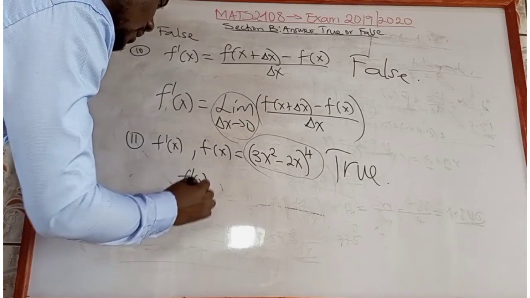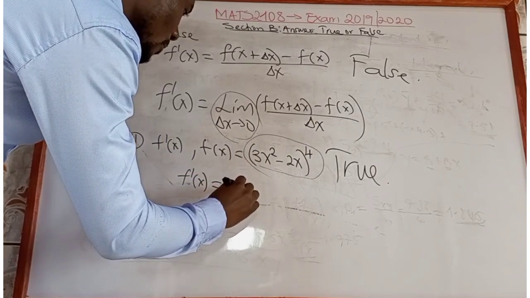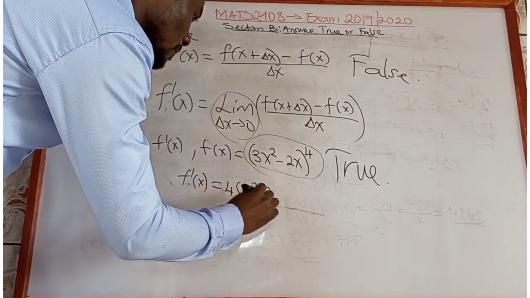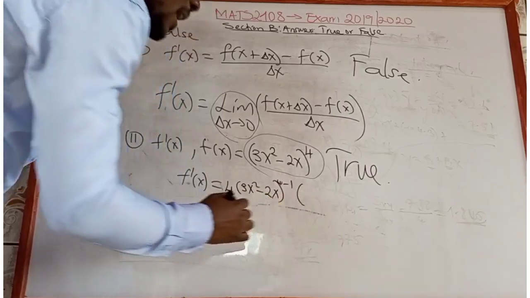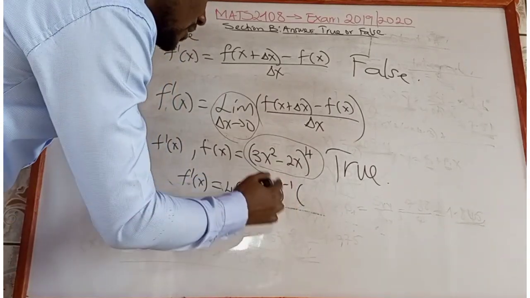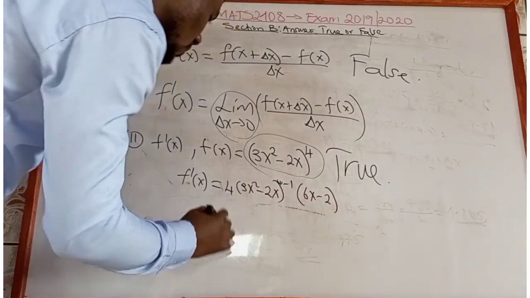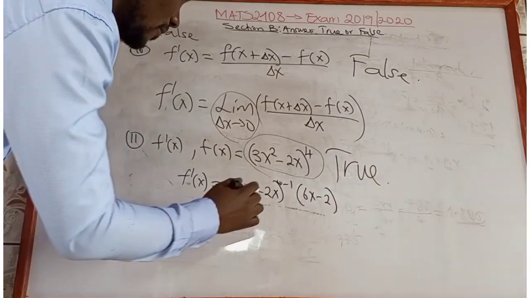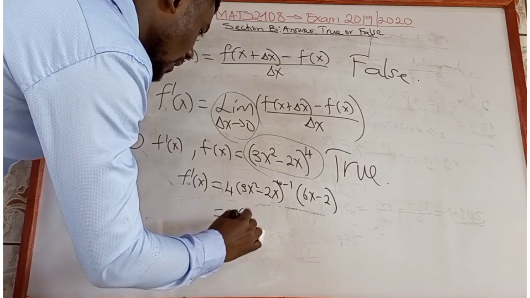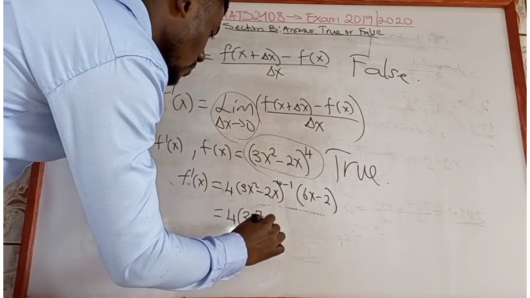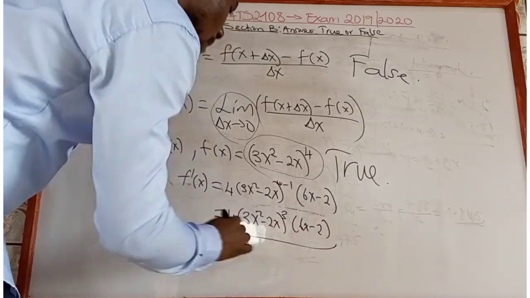If I have to give the derivative of this function, it will be: bring down the power, copy the function, subtract 1 from the power, and then multiply that by the derivative of the base. Differentiating this base gives us 6x minus 2. So this is the derivative of this function. That is 4 into 3x squared minus 2x to the power 3 times 6x minus 2.